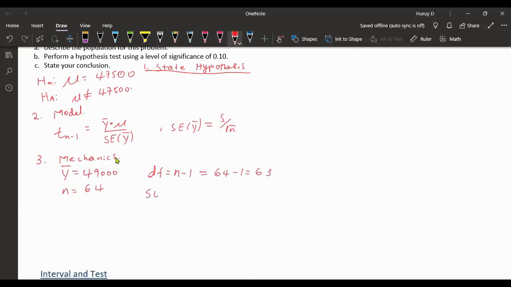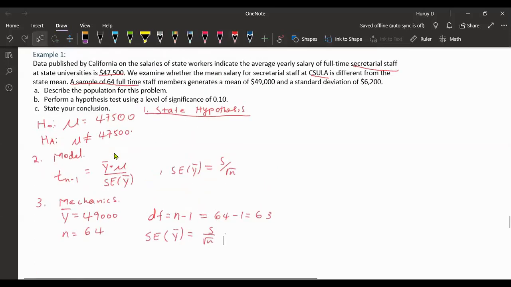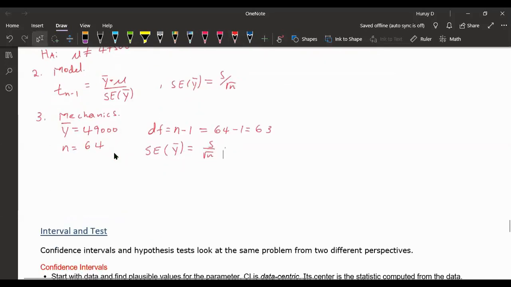And what is the standard error? This is s over root n. Well, s is given, by the way. It's 6200. So this is 6200 divided by square root of 64.